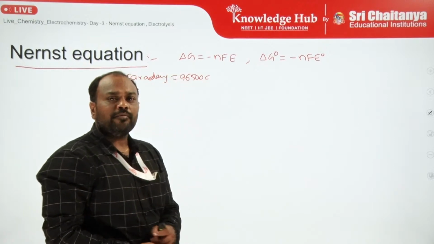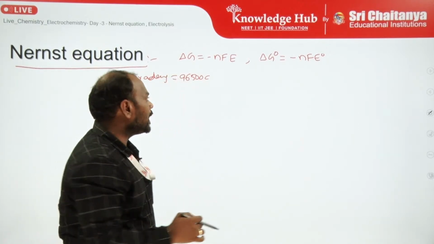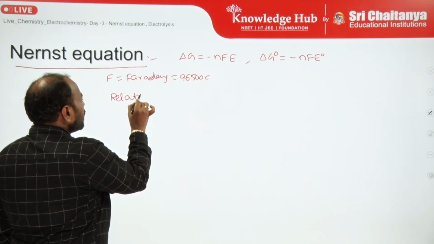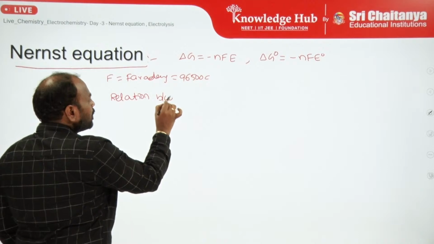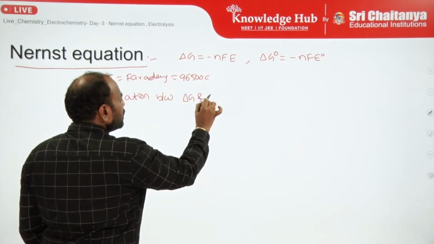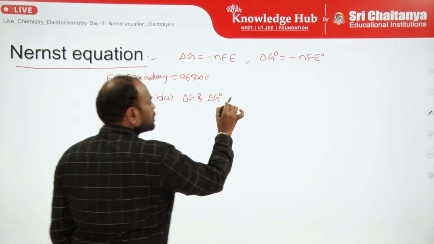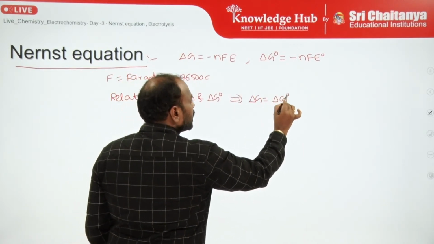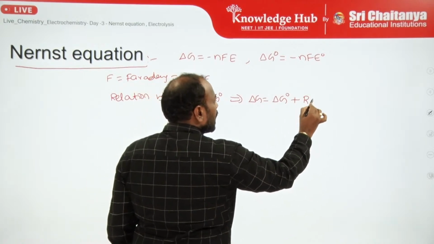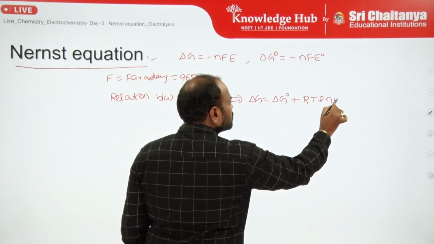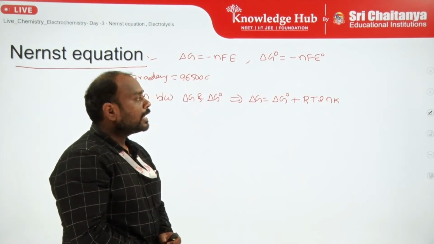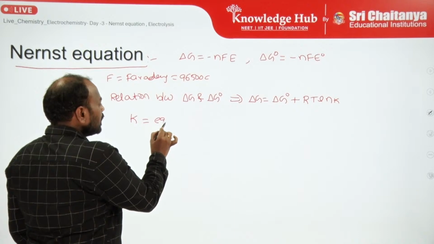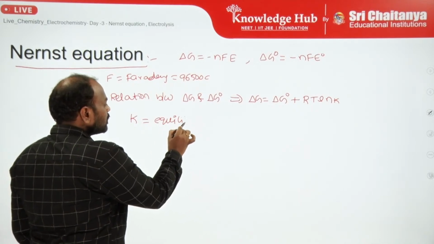The relation between delta G and delta G naught is delta G is equal to delta G naught plus RT ln K. Here K is nothing but the equilibrium constant.